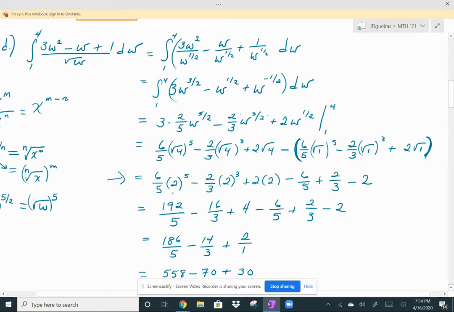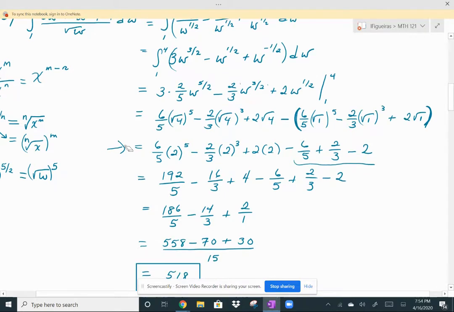So I have 6/5 times 2 to the 5th minus 2/3 times 2 to the 3rd plus 2 times 2. The square root of 1 to any power is just 1. So here, the 1 is gone because we're just multiplying by 1, but I also distributed the negative across. So that's why the signs have changed. Okay, so I end up with minus 6/5 plus 2/3 minus 2.